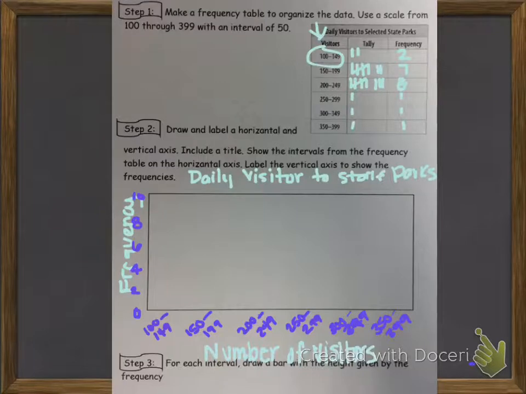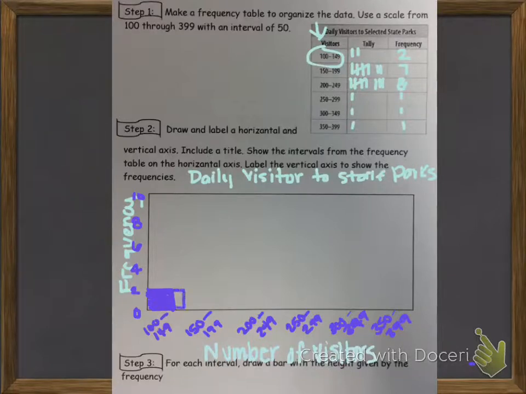Okay, so our first one is a frequency of 2, so we would draw our bar all the way to 2. Okay, and then your second interval is the frequency of 7.